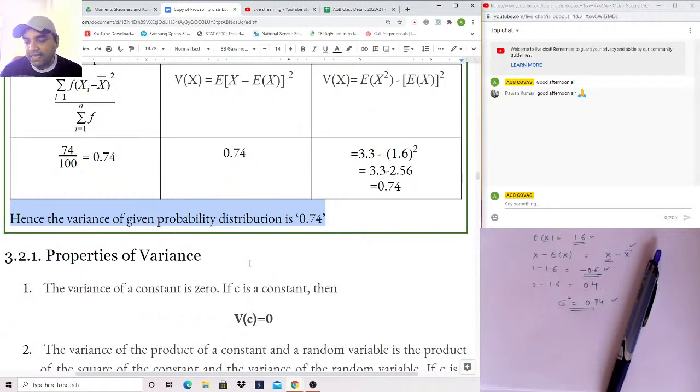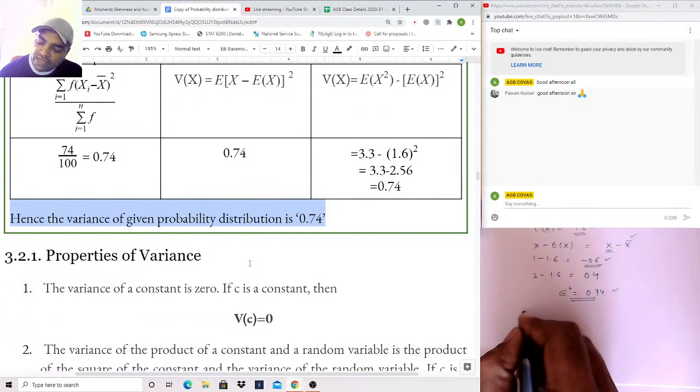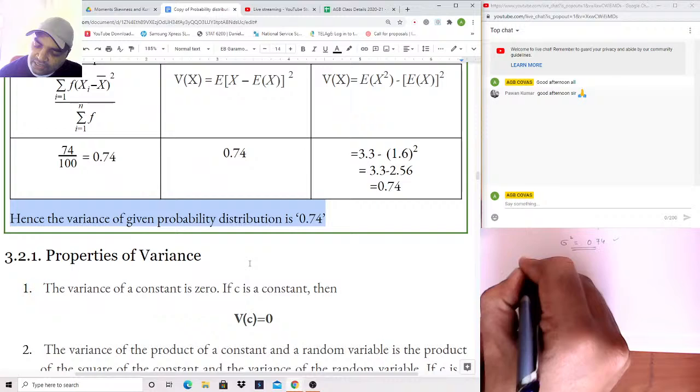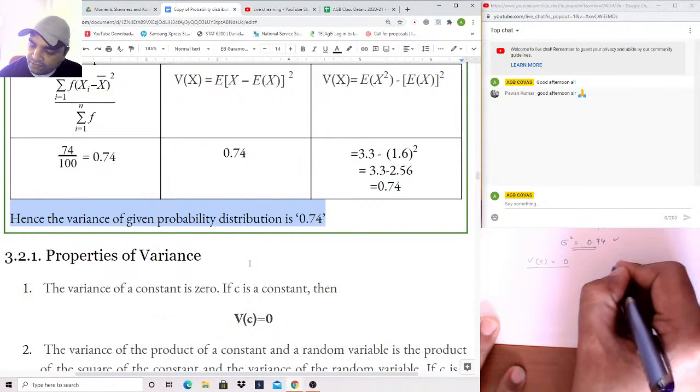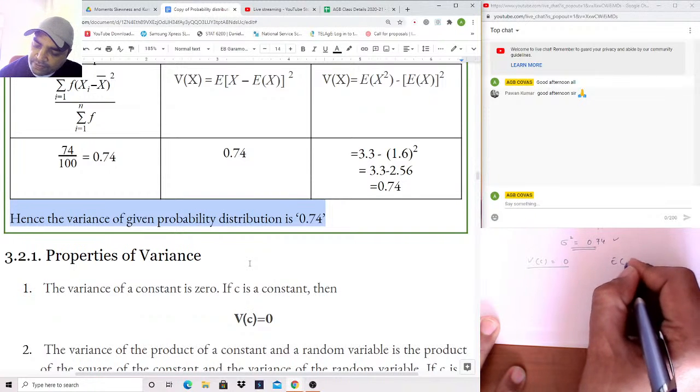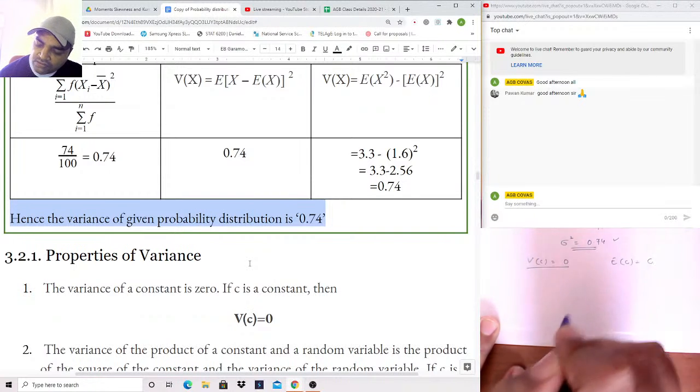Okay, so as we were having some properties of the mean, we are also having properties of variance. Okay, so variance of any constant value is equal to 0, and I have already told expectation of a constant is constant.